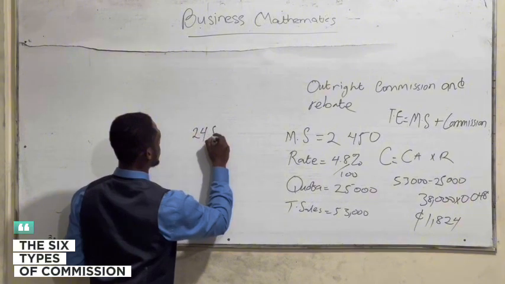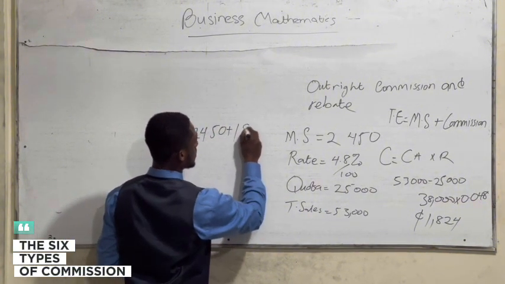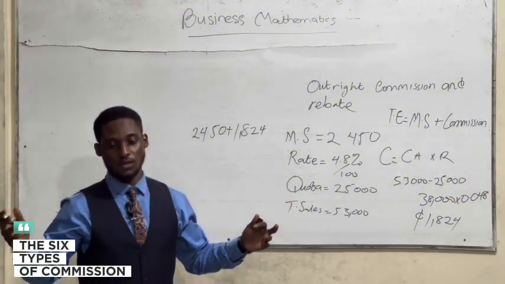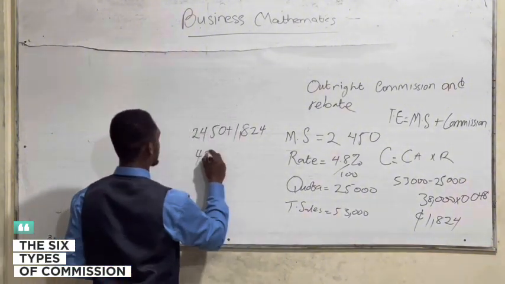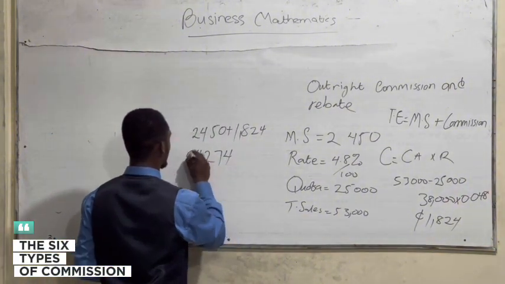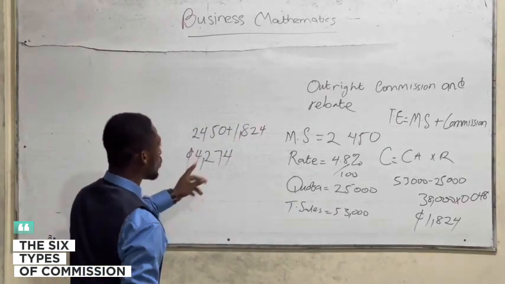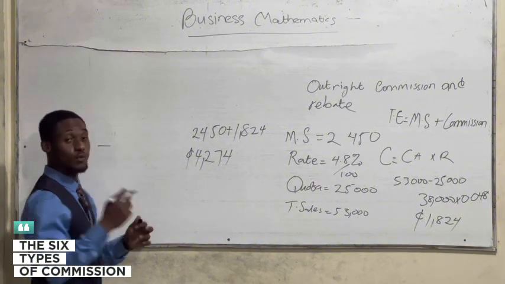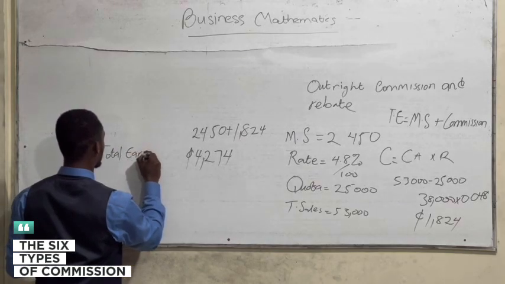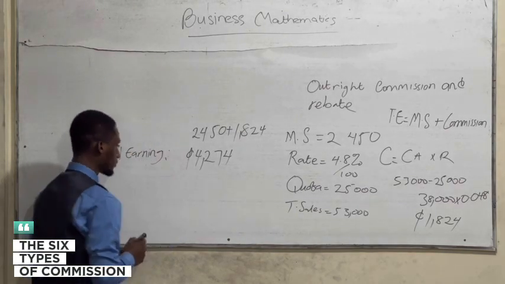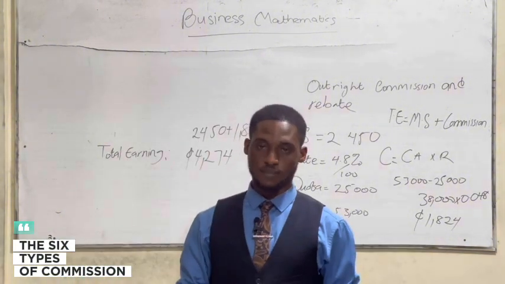You add 2,450 cedis plus 1,824 and you get 4,274 cedis, and therefore this is our total earning as the question demanded. So this is for salary plus commission.